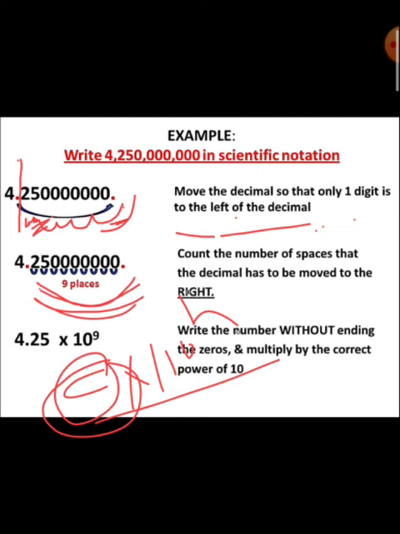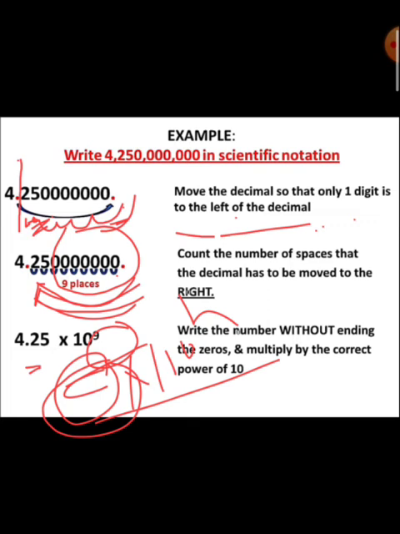From here to here, how many decimal places did we move? 9 places. So 9 will be the power of 10. Why? Because we write 4.25, and all the zeros of this number after the decimal are accounted for by the digits after the decimal. How many digits here? 9 places or 9 digits.